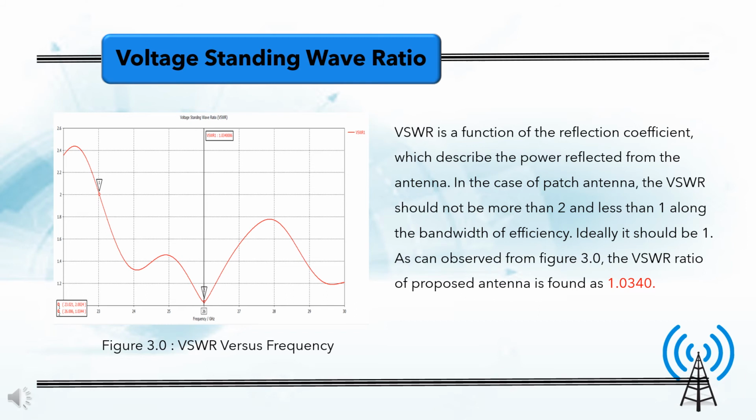Ideally, it should be 1. As can be observed from figure 3.0, the voltage standing wave ratio of the proposed antenna is found to be 1.0340.